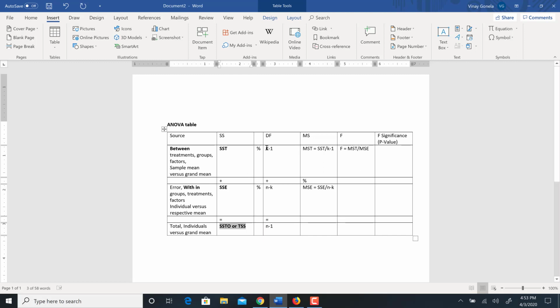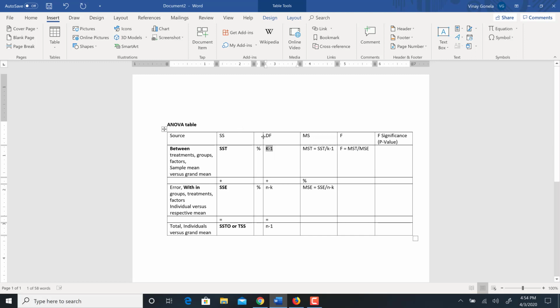So the next one is degrees of freedom. The degrees of freedom for treatments, between treatments, would be k minus 1. So if you have, like, 3 treatments, then you will have 2 degrees of freedom.